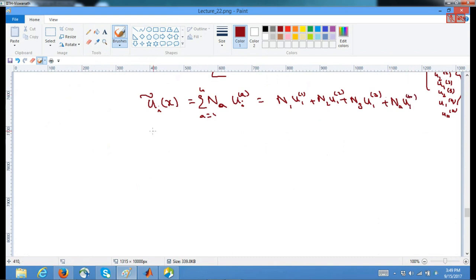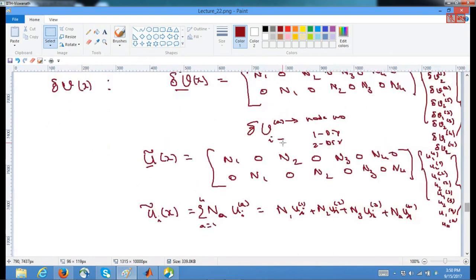Similarly, I can make it generic by writing it as I. The same thing, if you want to write it in the matrix form, can be written as a vector.